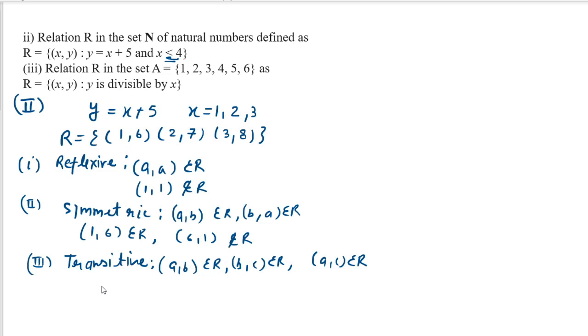But children, what you can see here is that 1 comma 6 belongs to R, but 6 comma any number, like 6 comma 2 or 6 comma 3, is not here, so you can say it is not transitive.